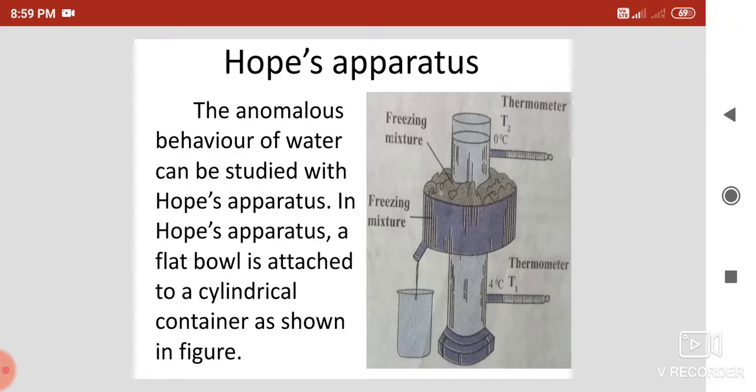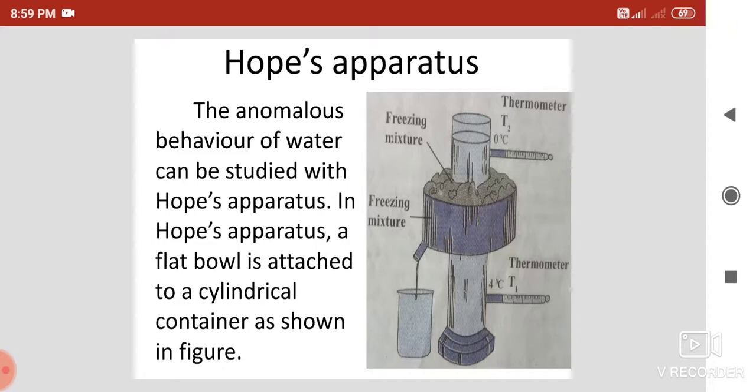Then at one point the temperature of the lower part becomes 4 degrees Celsius and remains constant. Now the temperature of the upper part, T2, slowly decreases till it becomes 4 degrees Celsius.